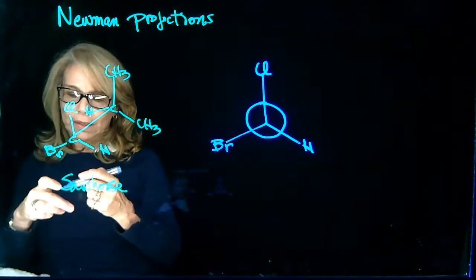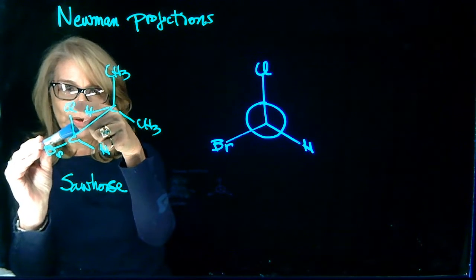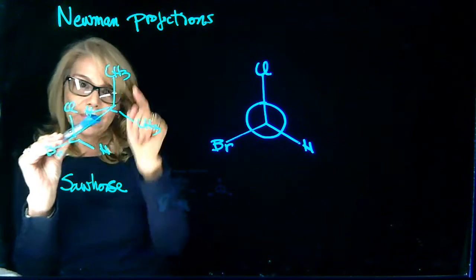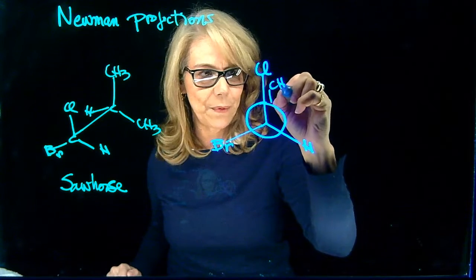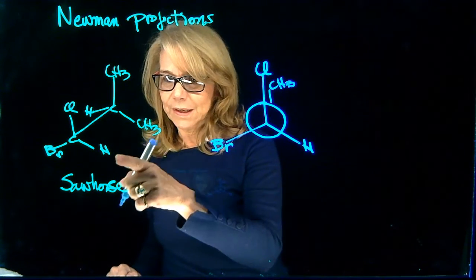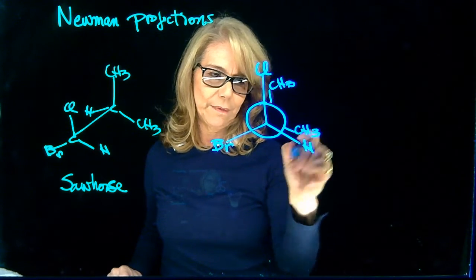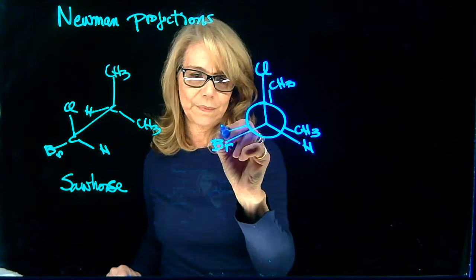Now, again, we go back to this view. This chlorine is actually eclipsing the methyl on the carbon in the back. So we're going to draw it this way. And now this methyl is eclipsing with the hydrogen on the carbon in the front. And here I have a hydrogen.